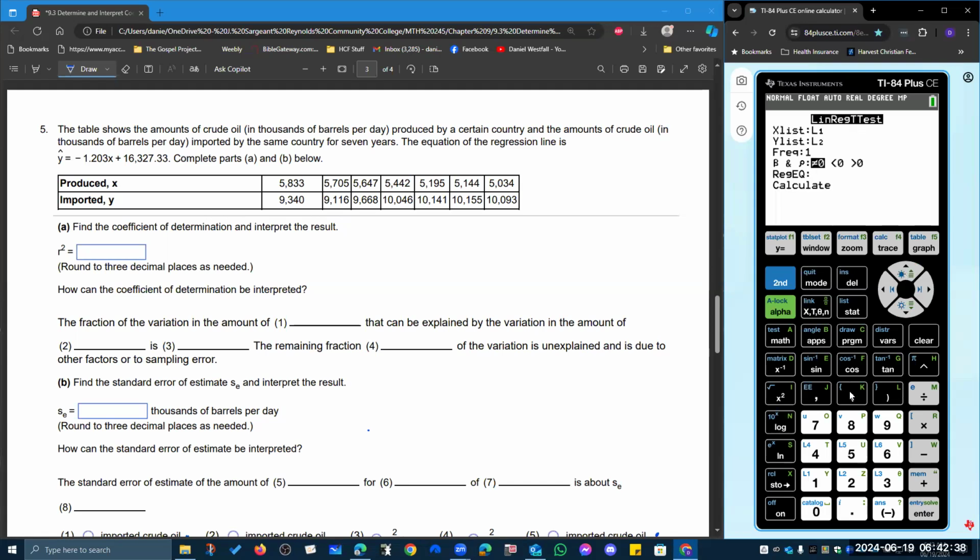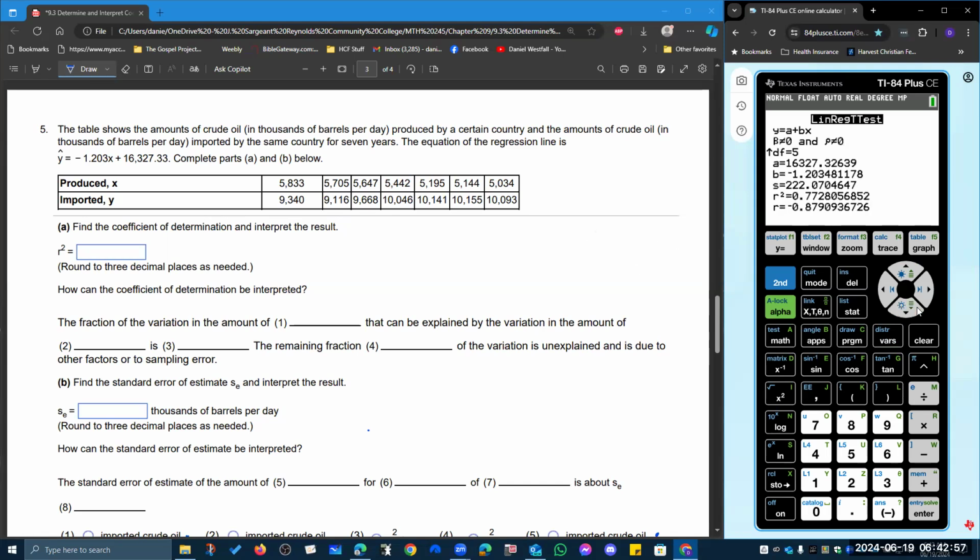Let's go ahead and put that regression equation into vars, y-vars function y1. Let's calculate here. And that gives me an r squared.